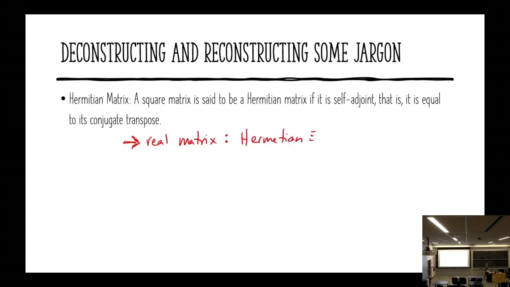Yeah, symmetric. What's handy about symmetric matrices? You can diagonalize it, for sure. So that's also true for Hermitian matrices. Hermitian matrices are always diagonalizable.